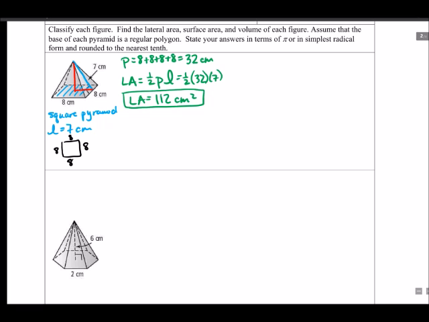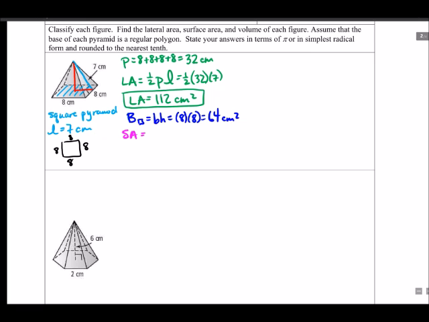Put that all in my calculator. Then I'm going to find the area of my base. My base is just a square, which is just base times height, which is just 8 times 8, which is 64 centimeters squared.